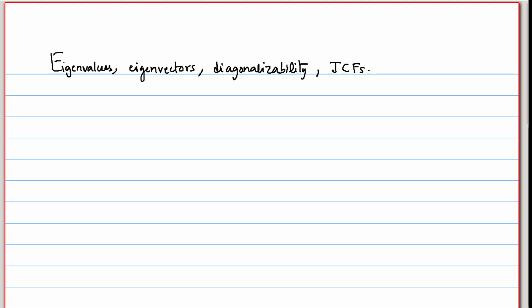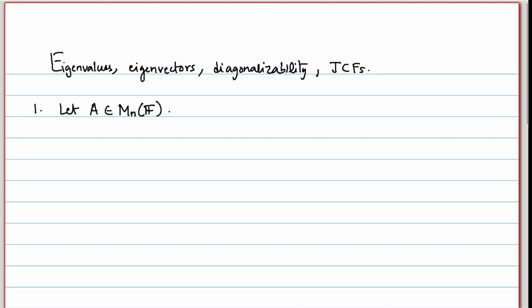So observe that, let A be an n by n matrix over some field F. Then what can we say about the eigenvalues of A?